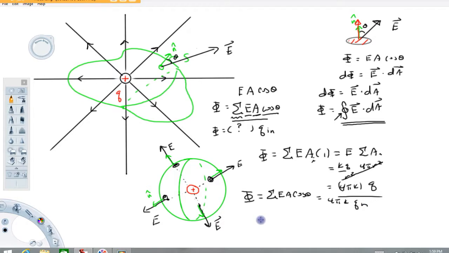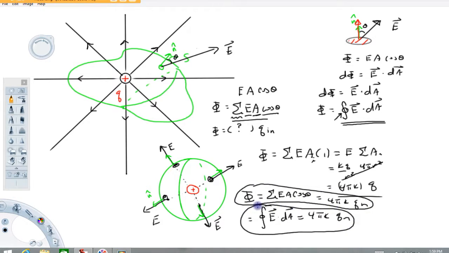Or in the language of calculus, the integral of E dot dA over the entire surface is equal to 4 pi k times the charge inside the surface. Either of these, I use this form in my college physics classes, or this form in a typical calculus-based physics class, but they're conceptually saying the same thing.